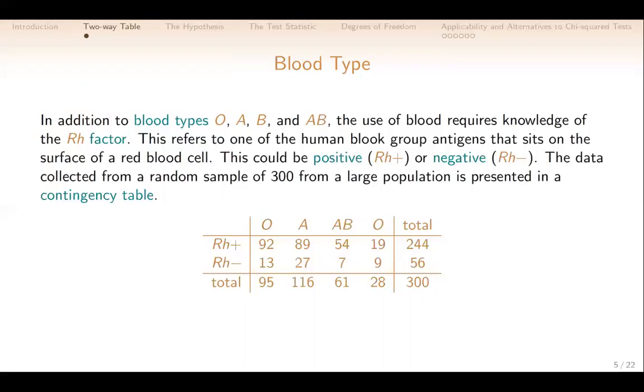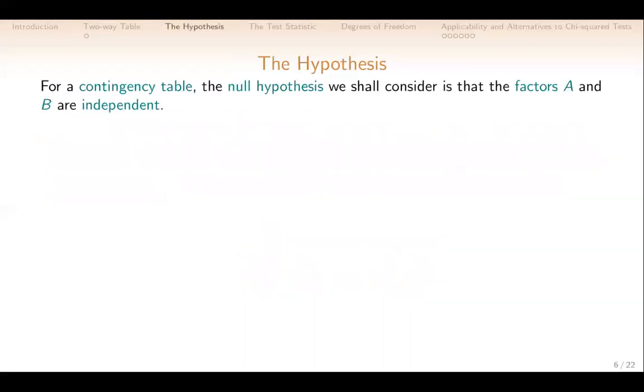And so we have 244 that are RH positive and about a quarter of that many that are RH negative, to give the 300. You can see they're distributed among the four groups, many more in O and A, somewhat less in B. And it should be O, A, B, and AB. How did that happen? Okay.